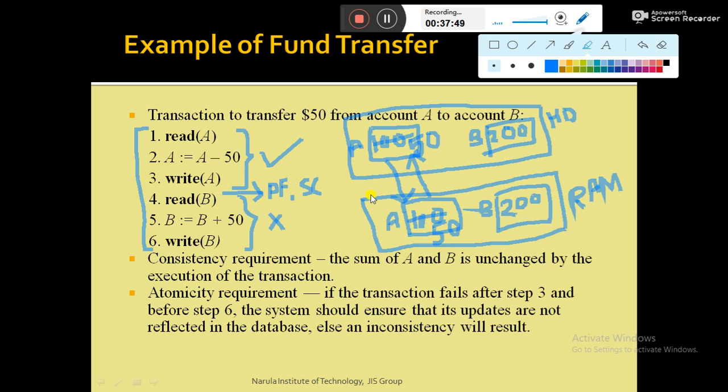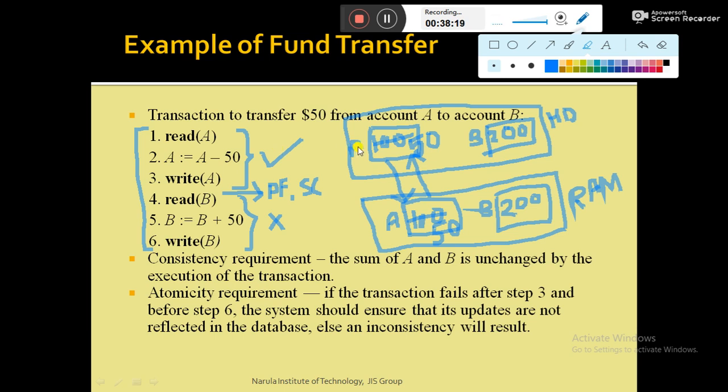For that, once the transaction starts execution, there is a component known as the transaction management system, which keeps track of every database value. Let me clarify it: once the transaction starts execution, the database system keeps track of the old value of all the data items on which a transaction performs a write operation.